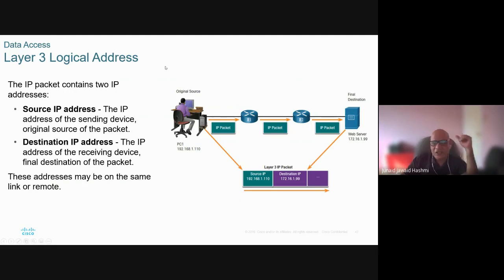So each packet on the network requires both the source IP address and the destination IP address. You see, this user is accessing the network. A packet contains the source IP address, which is his own IP address, and the destination IP address. So this is what a packet looks like, and this is what's inside the packet. One of the fields is the source, the next one is the destination, and then you have other fields in the packet.